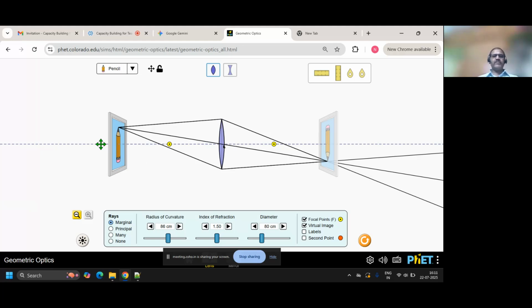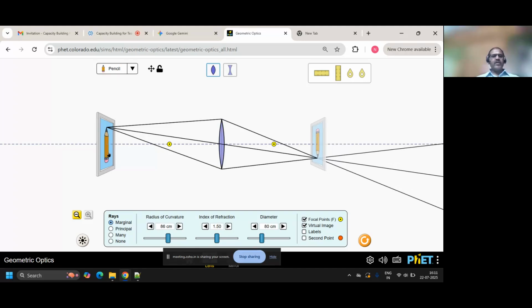First concept, the object is here, the image is here. The object will be on one side, the image will be on the other side. Second concept, the object is straight, the image is inverted, ulta. This is another concept.